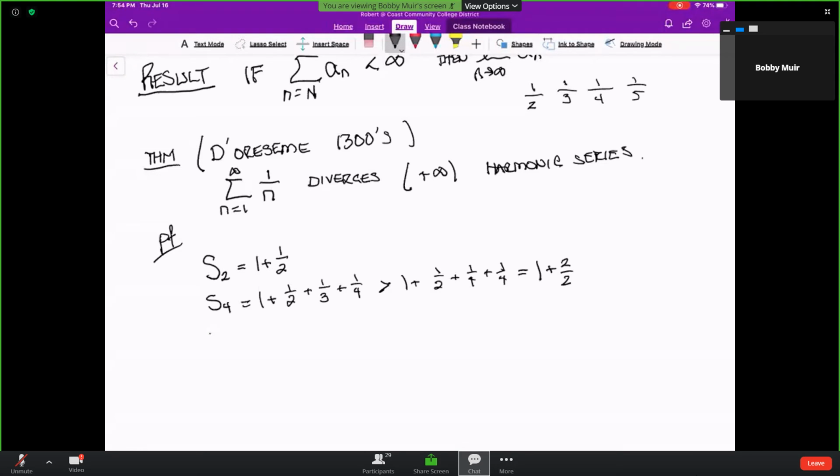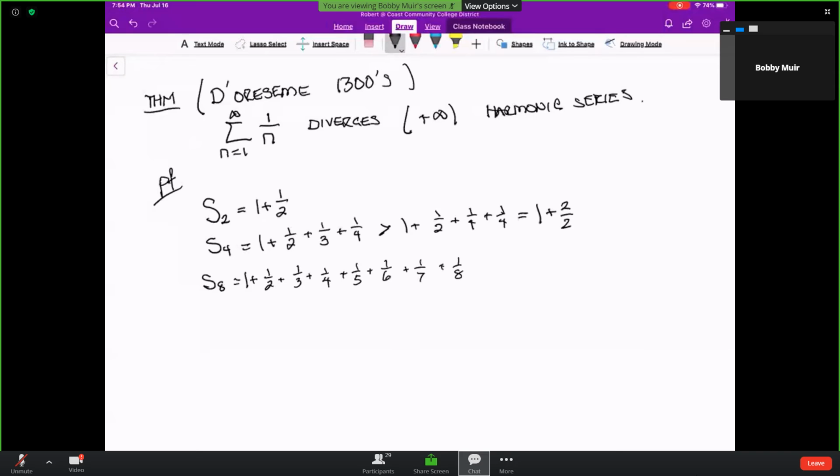Now he looks at S8: 1, 1/2, 1/3, 1/4, 1/5, 1/6, 1/7, and 1/8.